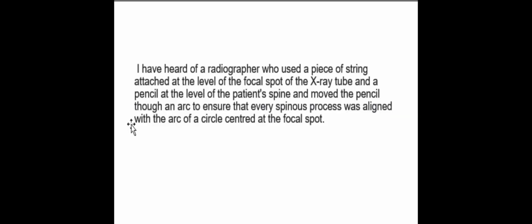This is a very funny thing that a radiographer adapted to correct all the mistakes he had been making. He had a piece of string attached at the level of the focal spot of the X-ray tube and a pencil at the level of the patient's spine, and moved the pencil through an arc to ensure that every spinous process was aligned with the arc of the circle centered at the focal spot.